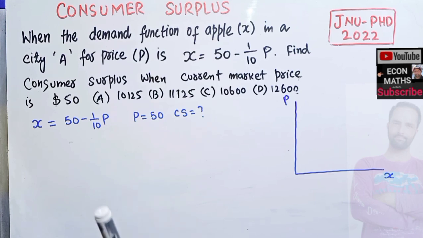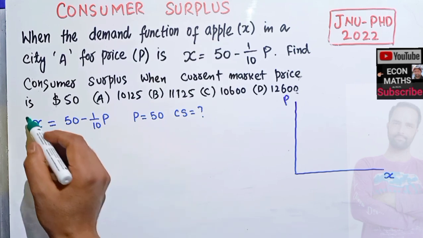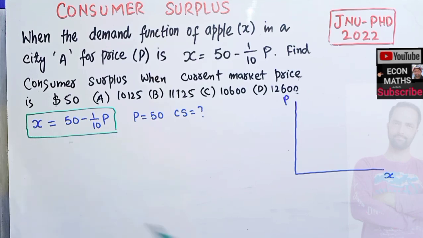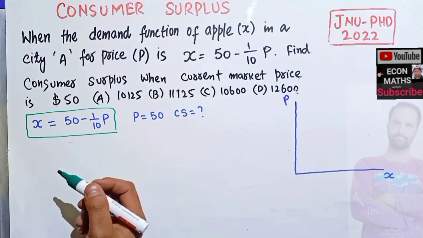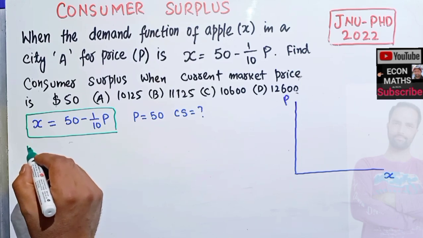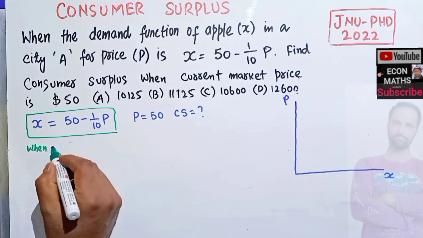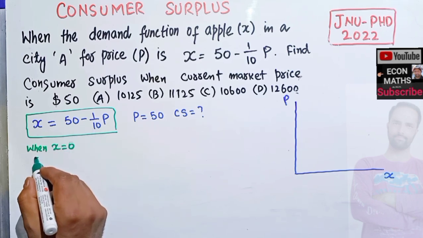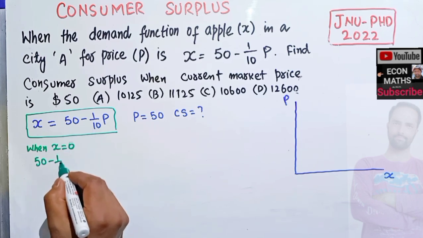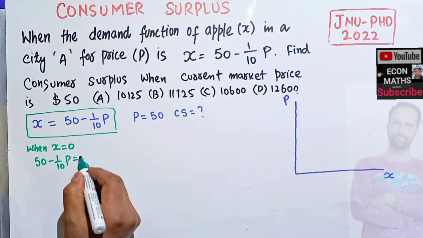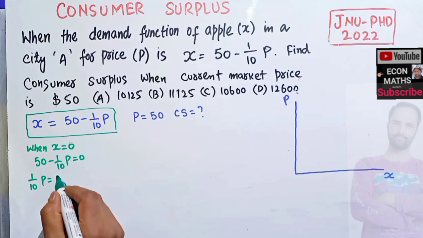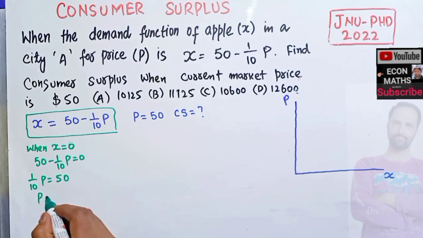First we draw this demand function on the graph. When x is equal to 0 in this demand function, that gives us 50 minus 1 upon 10p is equal to 0, which gives us 1 upon 10p is equal to 50, or price is equal to 500.